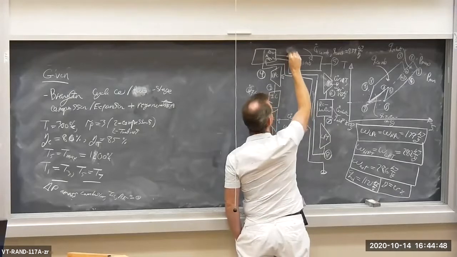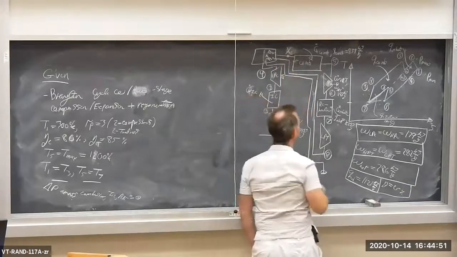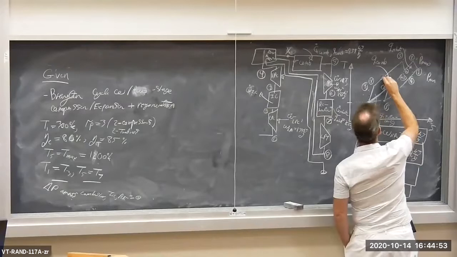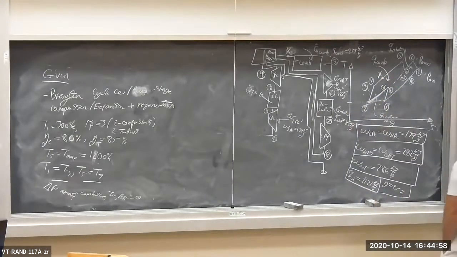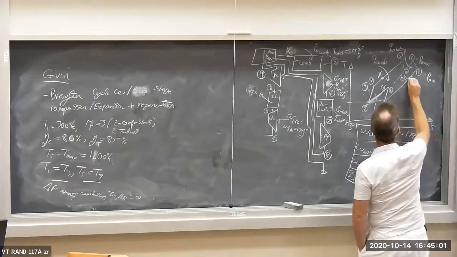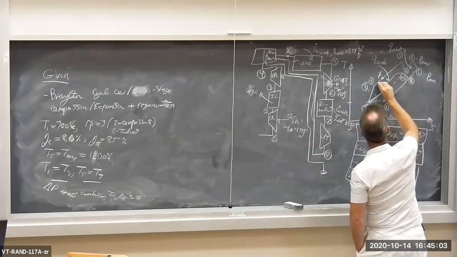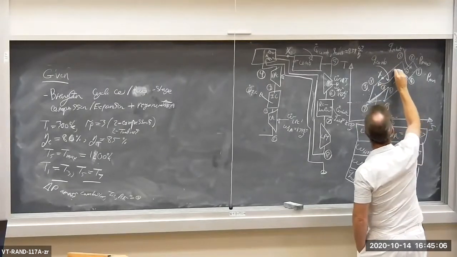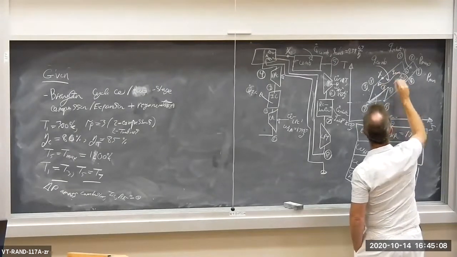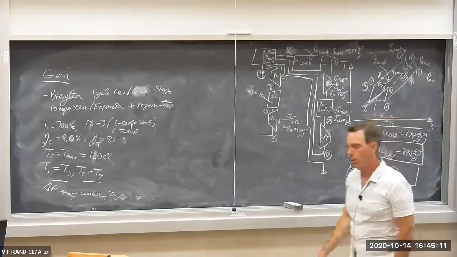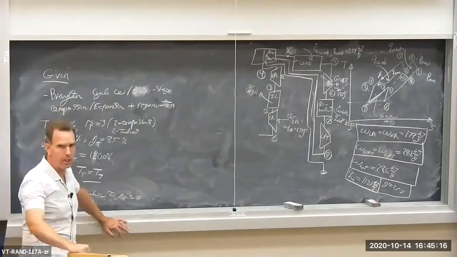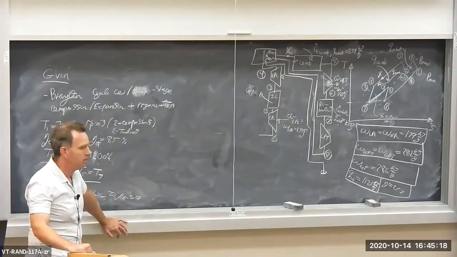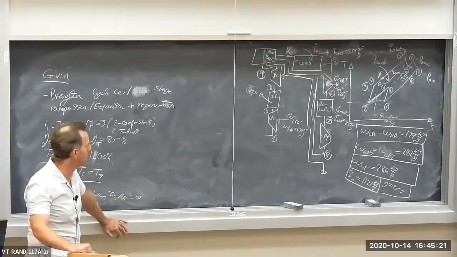I'm going to give it a symbol, X. So the idea here is that we're taking waste heat, Q regen, from the low pressure turbine exit flow, and we're dumping it into the high pressure compressor exit to preheat the flow before it gets to the combustor.